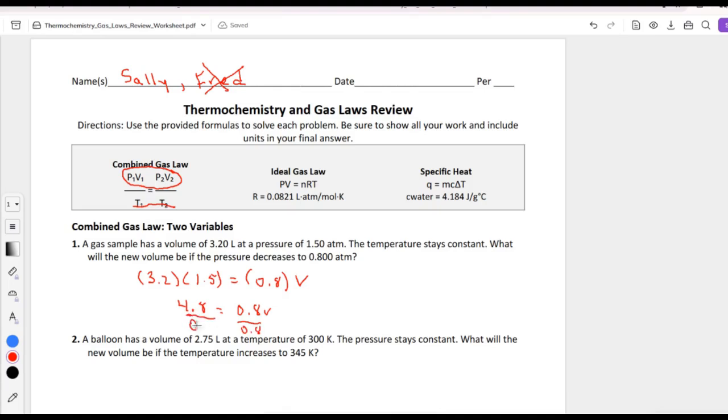So V equals 4.8 divided by 0.8, which equals 6. So the answer to this, the new volume, will be 6 liters, L for liters. And voila, there's one combined gas law problem.